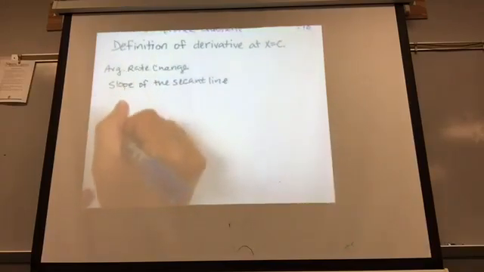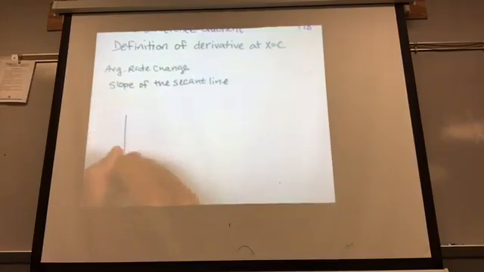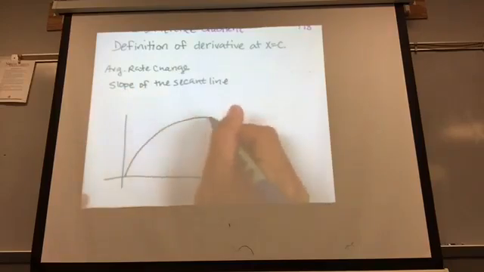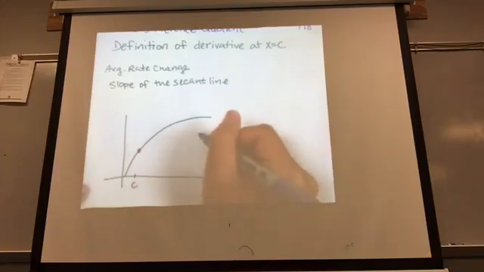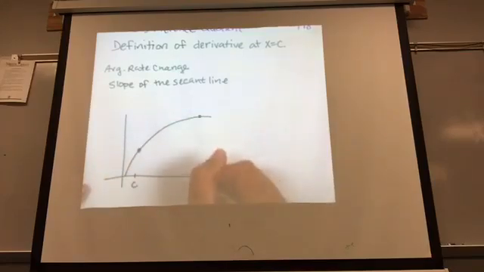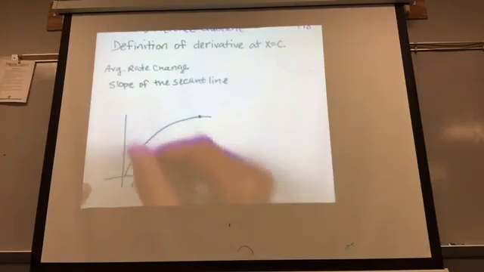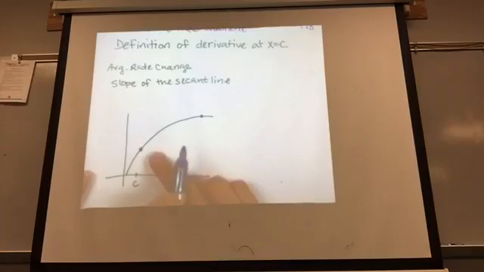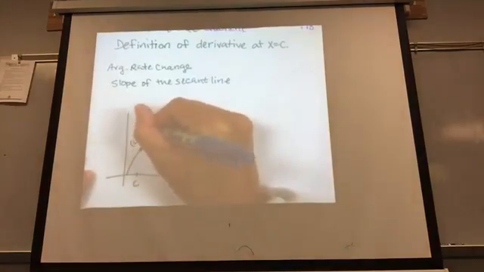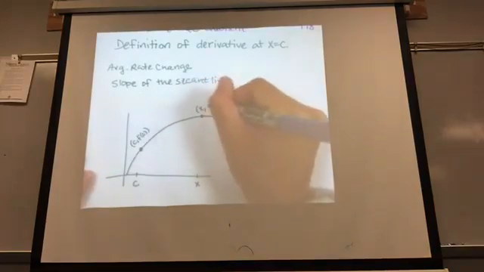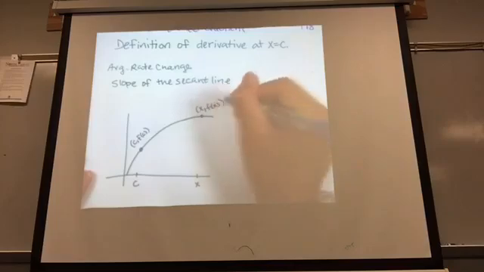So if I have my graph and I have a curve on it, and I have this point right here at c, and this other point right here at x, I have these ordered pairs (c, f of c) and (x, f of x).